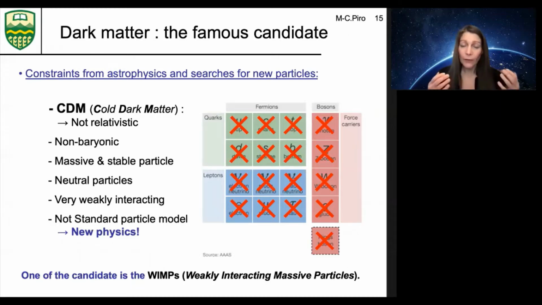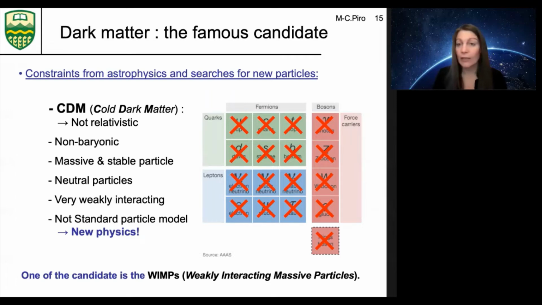And since it's very heavy, it's what we name a cold dark matter. Cold dark matter means that the particles of dark matter are non-relativistic. So that means they don't have the speed of light. They have a much slower speed. So this is what we name cold dark matter.